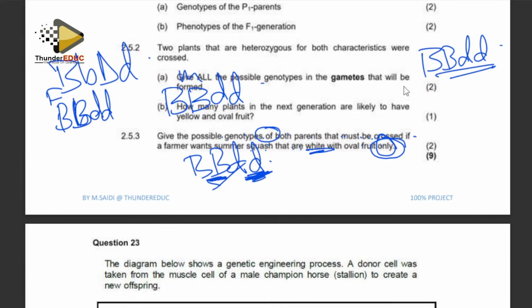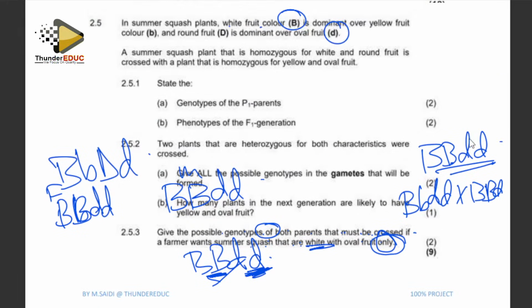Or if one is having capital B, small b, then the second one must be capital B, small d, so that the second B can mask that recessive. Tapero, your answer is correct. It can also be correct.